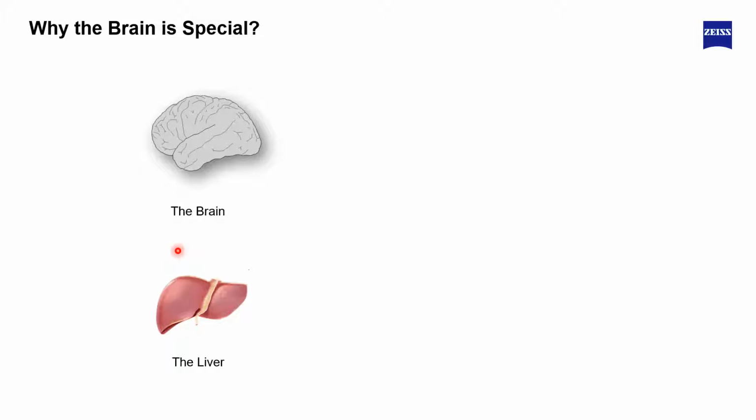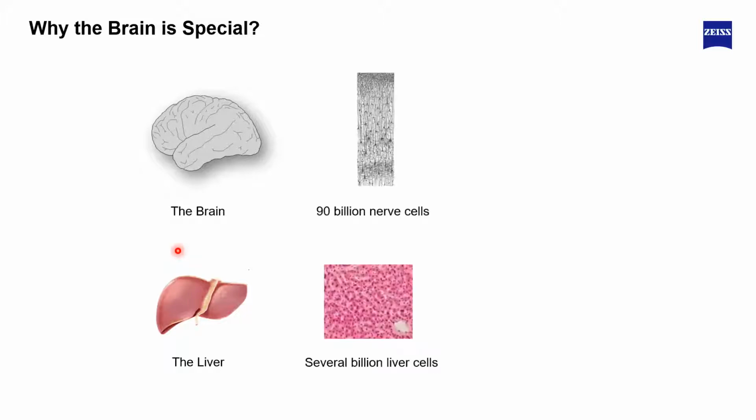So what might that be? Well, if we're looking at the cellular structure and maybe even look at the sheer number of cells in each of the organs, we can see that both organs sit more or less in a near ballpark number of a couple of billion cells in the liver or in the brain. Maybe there's a factor of 10 difference, and that could be already one indication of how these organs actually differ.